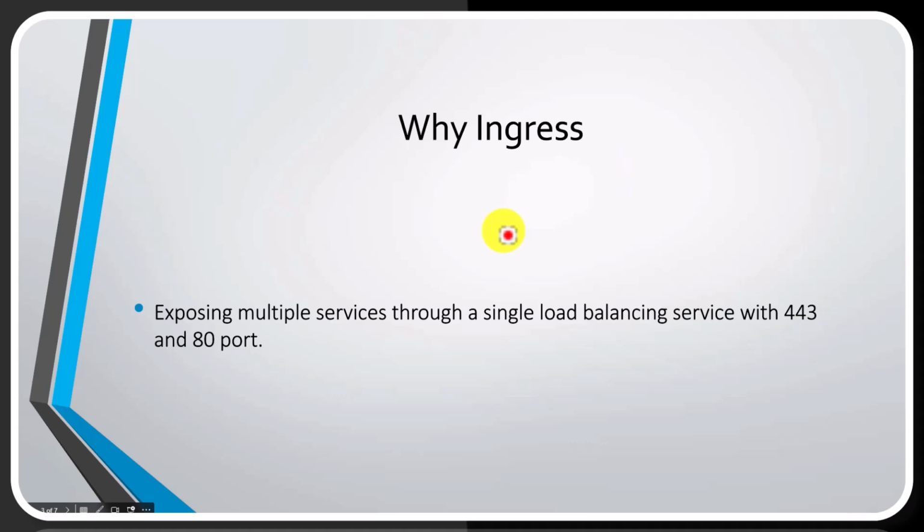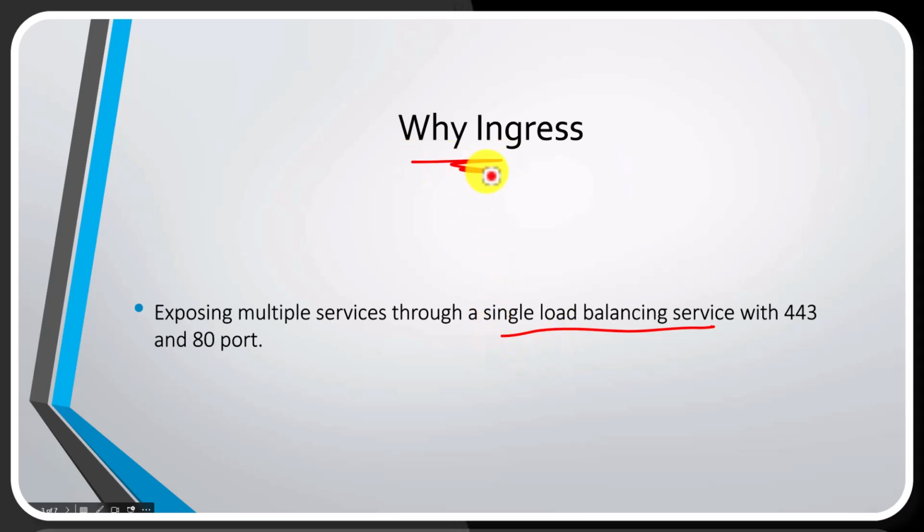Why do we need an Ingress? It lets you expose multiple services through a single load balancer. In the previous slide, we have seen that to map with HTTPS and a domain name, you need to create multiple load balancers.